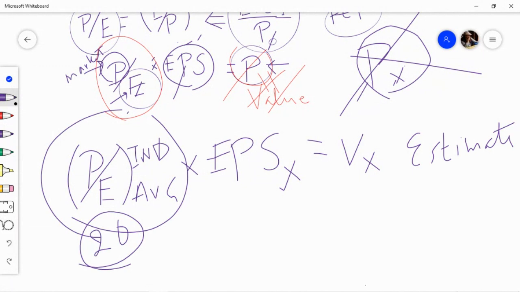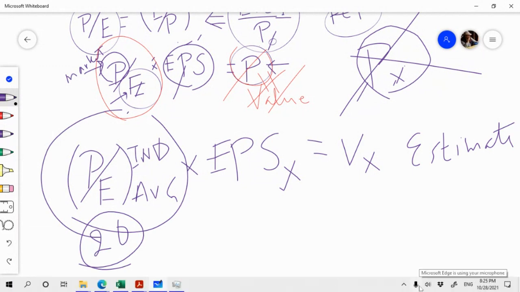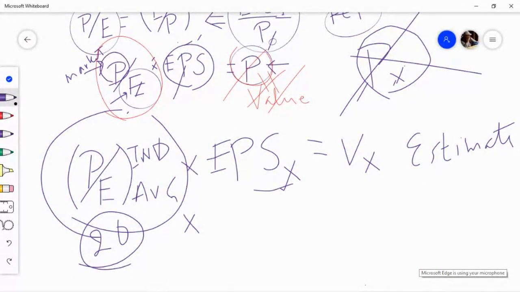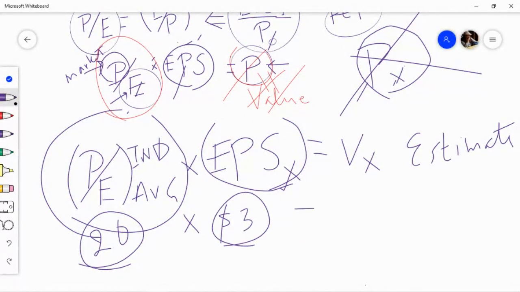If the industry average is 20, then multiplying by this firm's earnings per share, if the earnings per share is $3, then wouldn't this give $60, right?